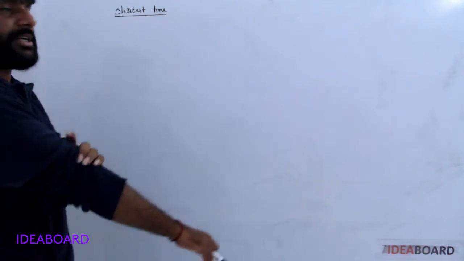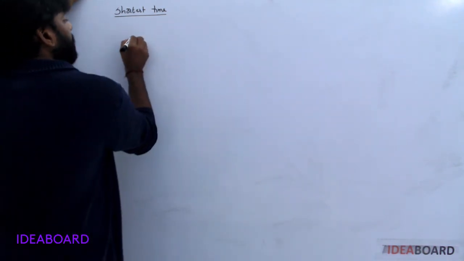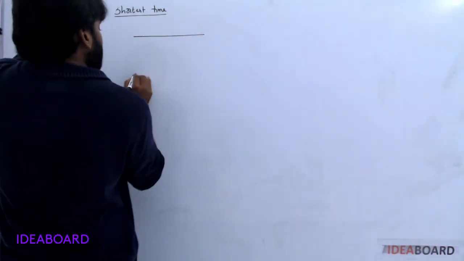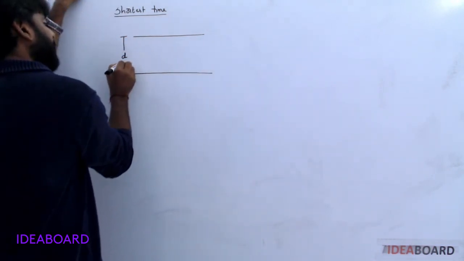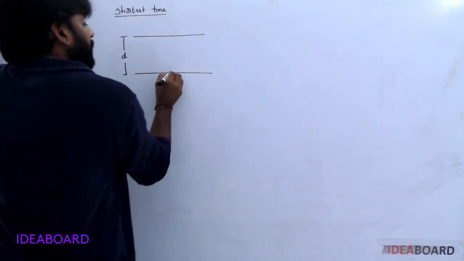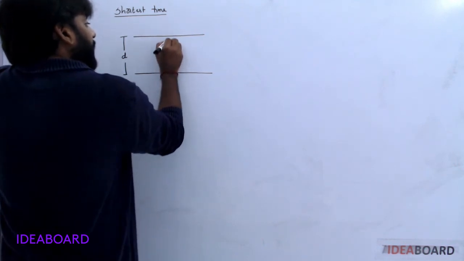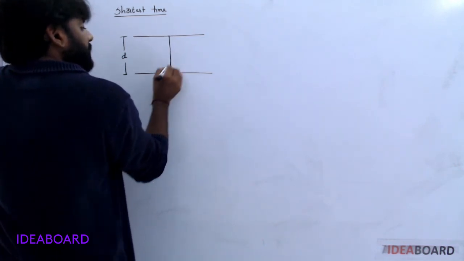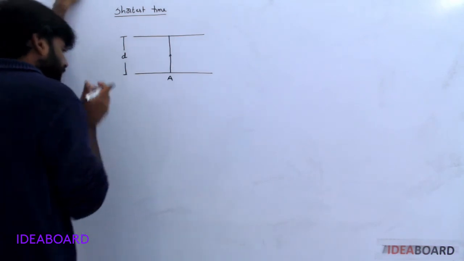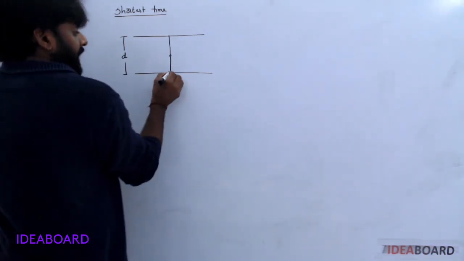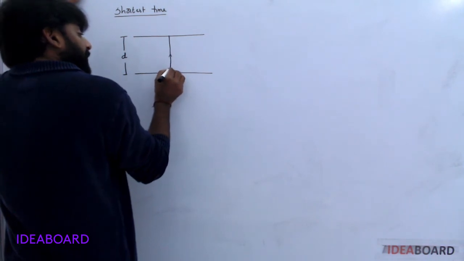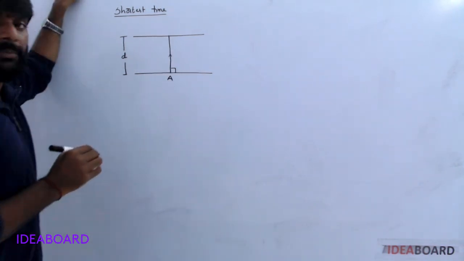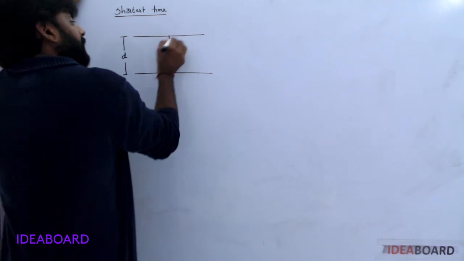Next, shortest time. So this is the river. This one is the width of the river. Person exactly starts here, at point A, and the direction is exactly perpendicular to the flow of the river.